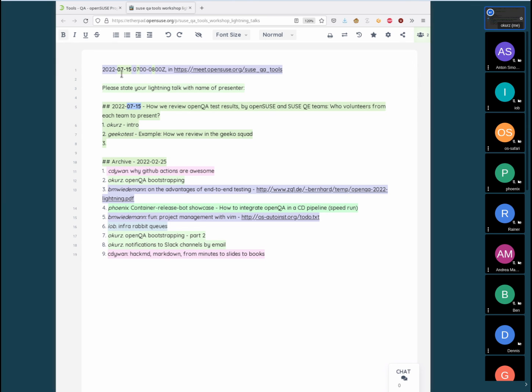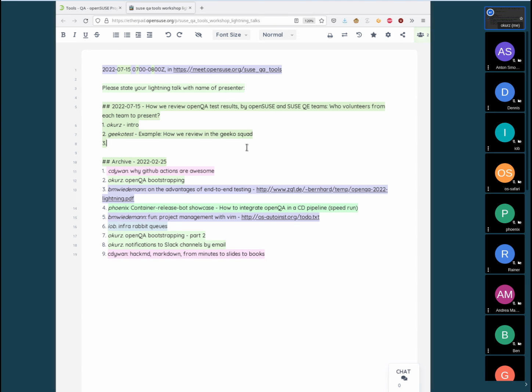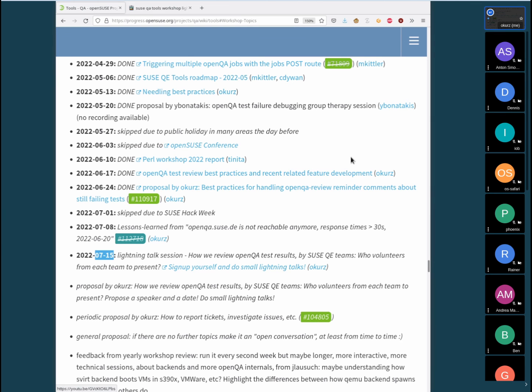It should be like this and not bold. So next week, Friday, there's only the intro, and the example entry is not really a talk, it's just an example of how you can add your topic. Please add your topic there. Be open. A lightning talk doesn't need any preparation. Just share your screen and blast us away with your results.